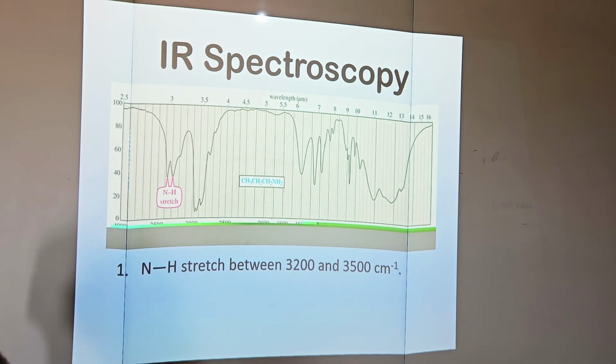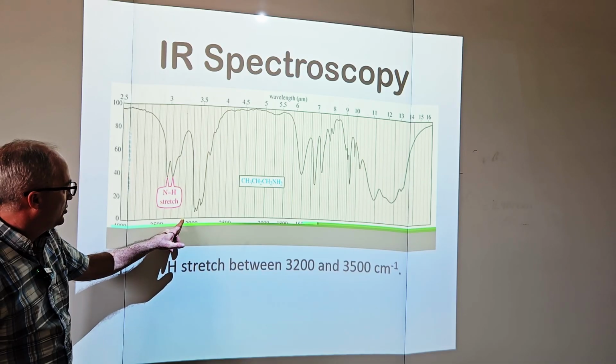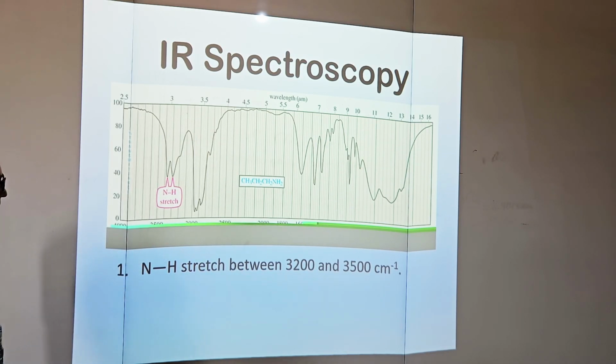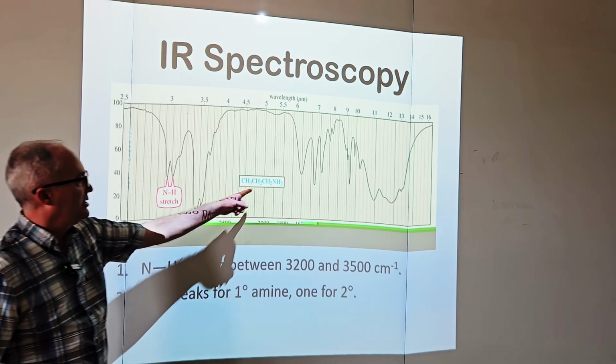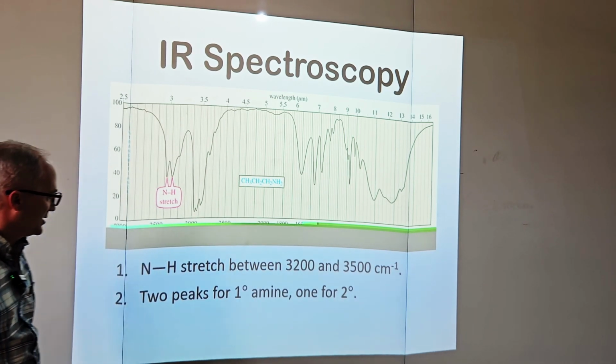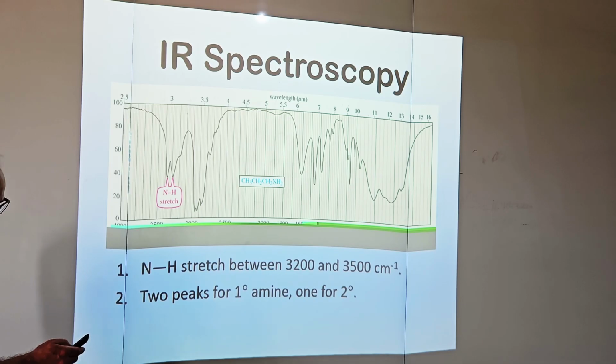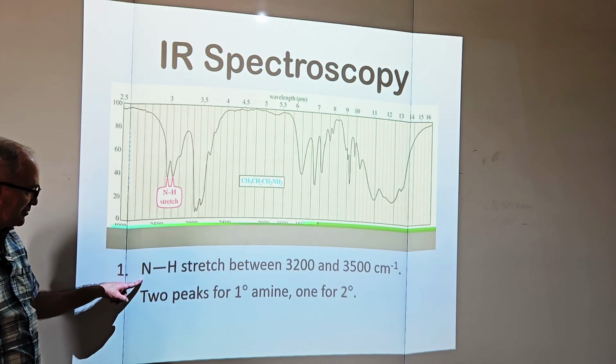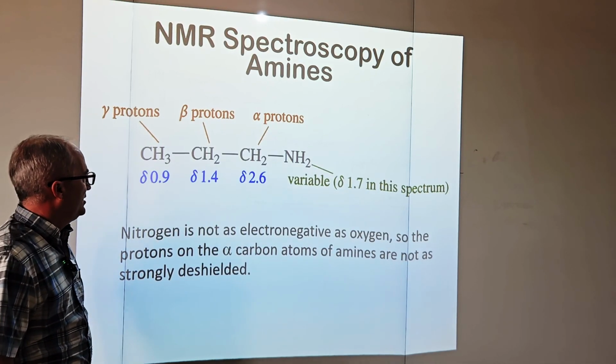The hydrogen-nitrogen stretch is between 2200 and 3500, right in there. Two peaks for a primary amine, because you're going to have two hydrogens. A secondary, you're only going to see one peak, and a tertiary, you're not going to have the hydrogen-nitrogen bond stretching, of course.